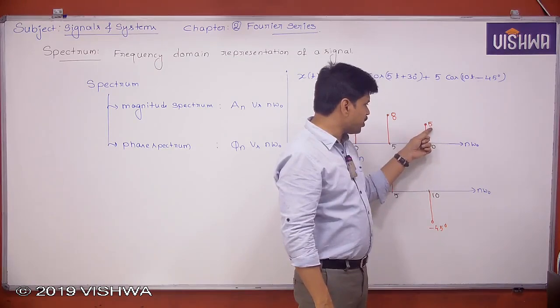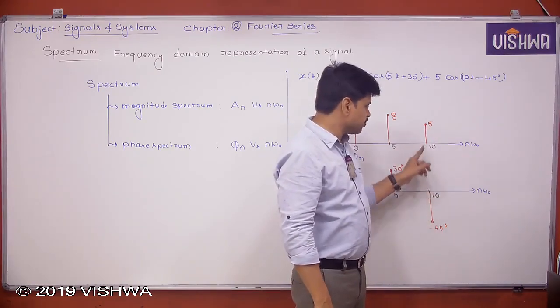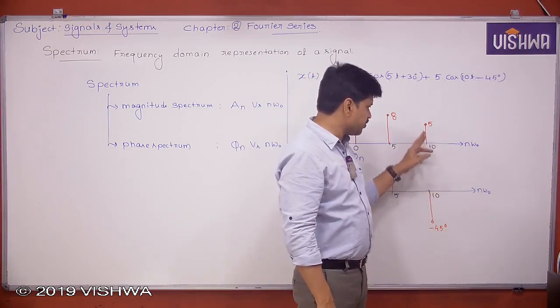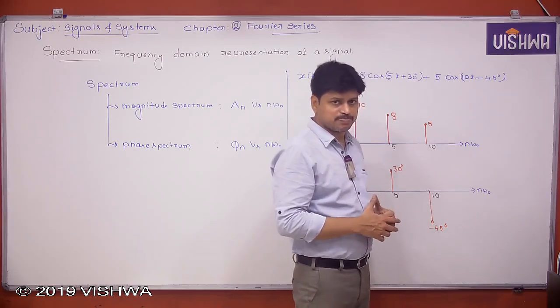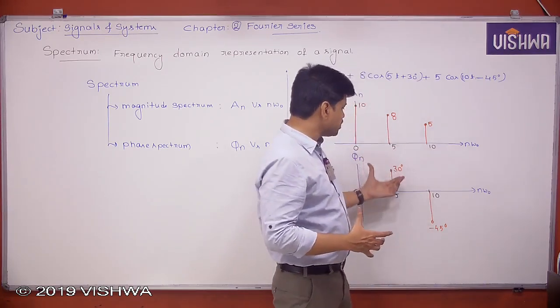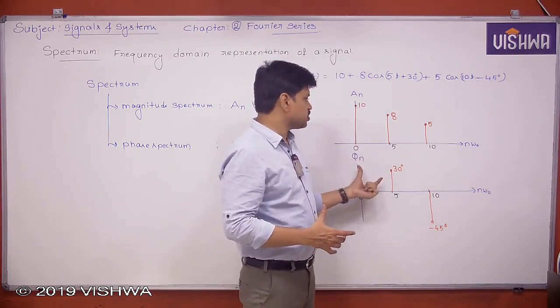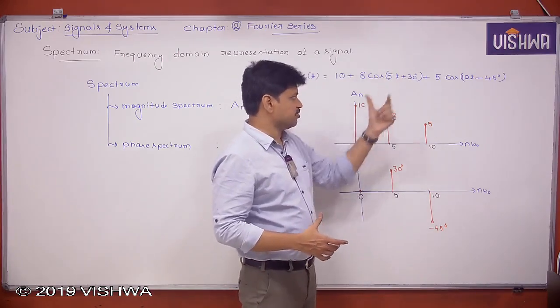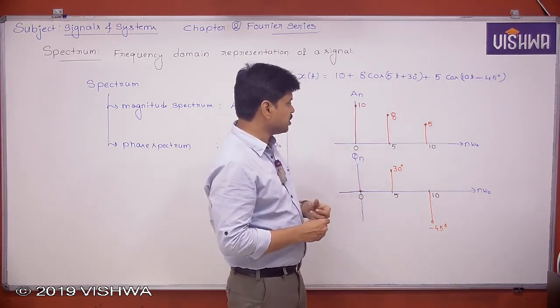It has magnitude 5 and angle equal to minus 45 degrees. So we can write 5 cos(10t minus 45 degrees). So I told you the same information can be preserved in the spectrum also. The spectrum gives you the same information that it is giving you now. Clear or not? Okay, take it. So this is nothing but the spectrum.